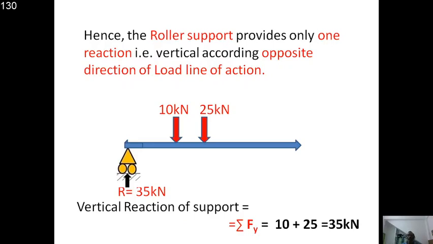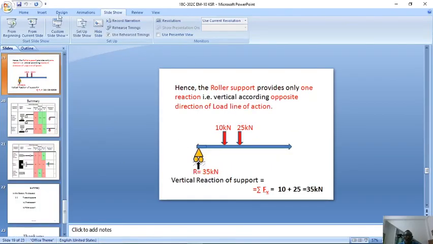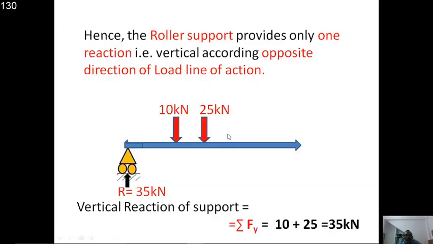Hence the roller support provides only one reaction, that is vertical, opposite to the direction of the load's line of action. The 10 kilonewton and 25 kilonewton loads are acting downward on the load distributing element. So obviously the reaction comes opposite to the direction of the load, and the roller arrangement is also in the same direction as the loads.